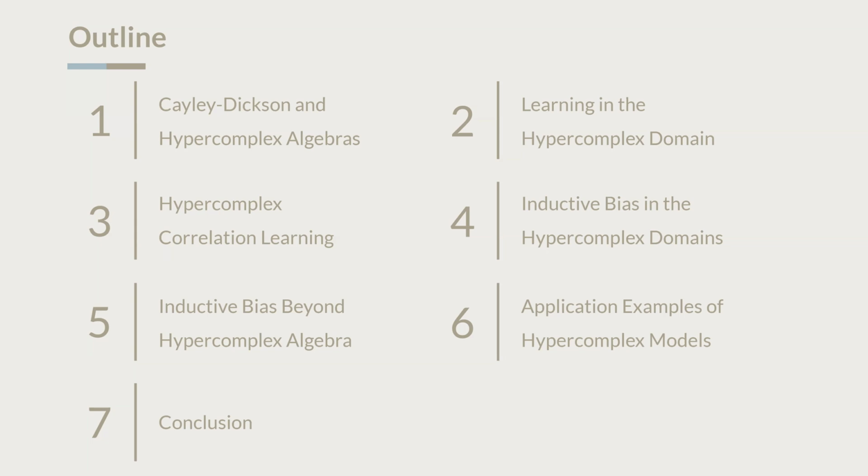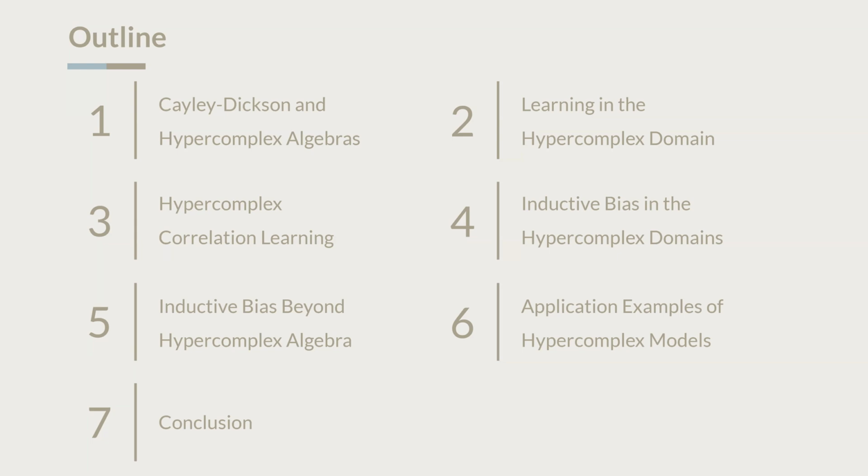Then we go a little bit into the details, how to exploit some properties of hypercomplex learning, and in particular some correlations that we can have. And then we show how to leverage this inductive bias, or a set of properties coming from the algebra, in order to build some neural networks that can be very powerful.